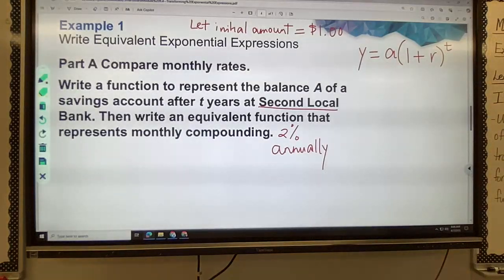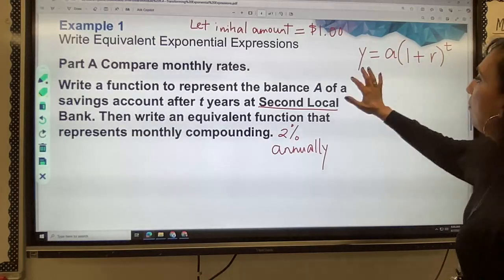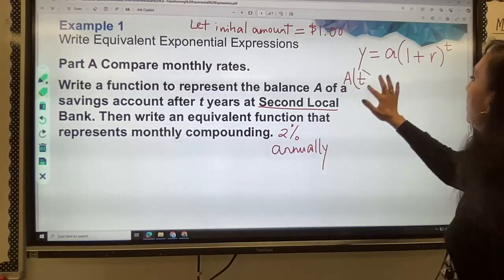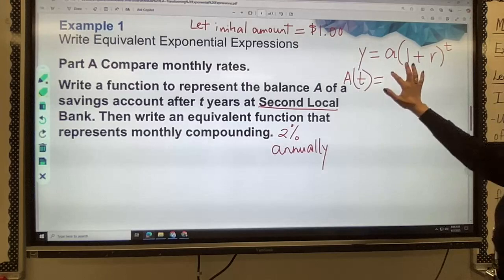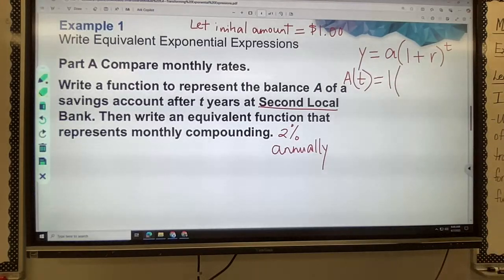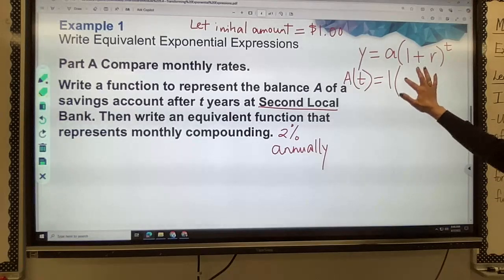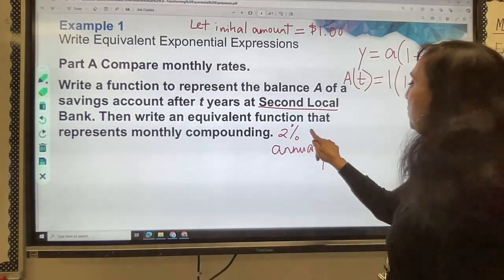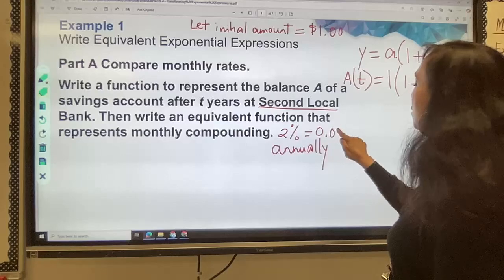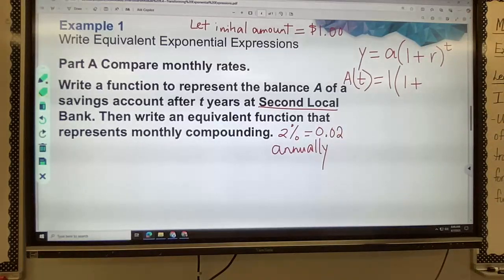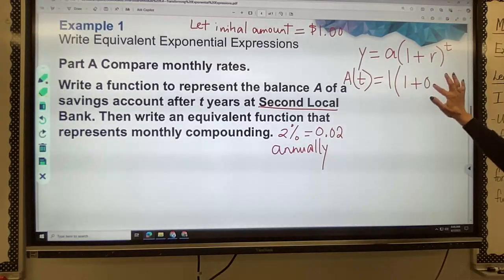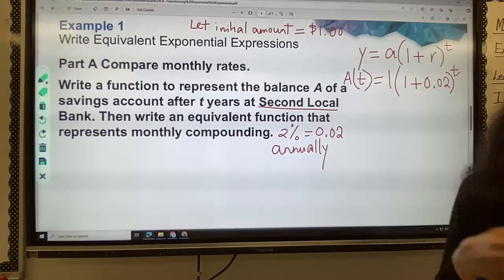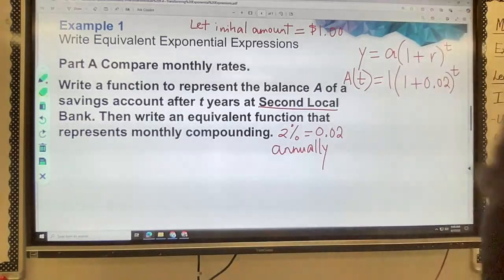So we are going to put that into my equation. The balance A as a function of t is equal to 1 times 1 plus, what is my 2% as a decimal, this is going to be 0.02, to the power t, because I'm showing my exponential growth.